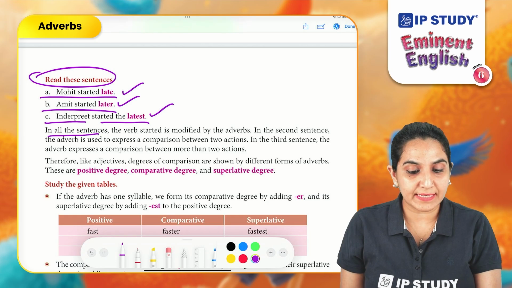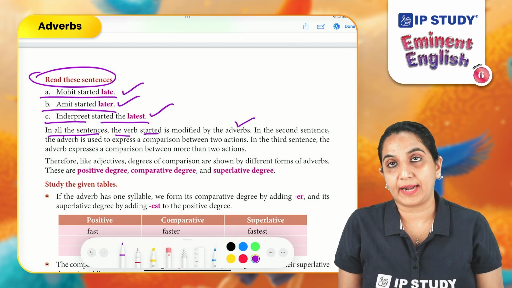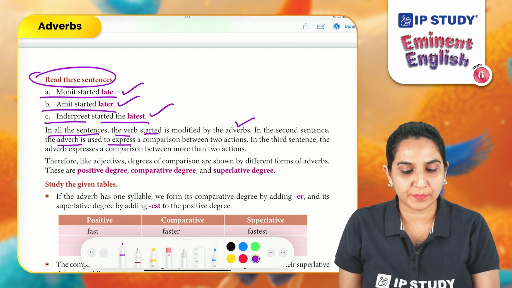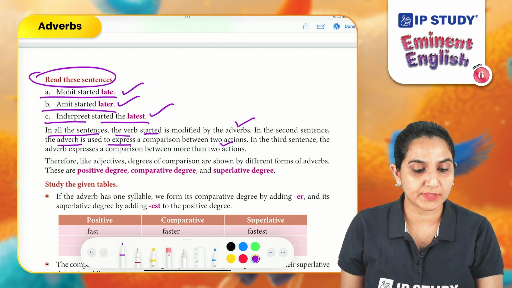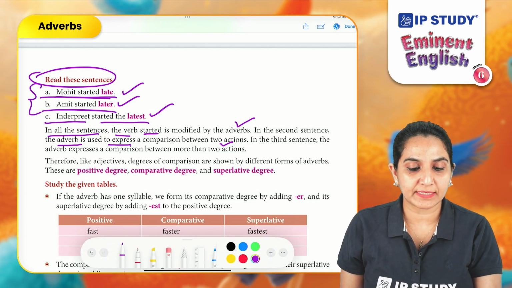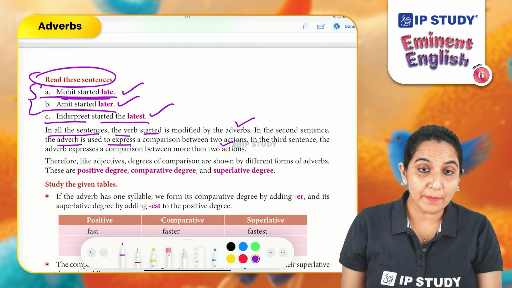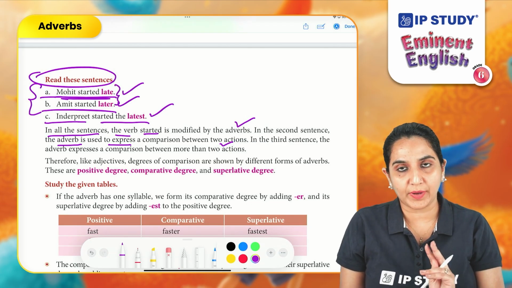In all the sentences, the verb started is modified by the adverbs. In the second sentence, the adverb is used to express a comparison between two actions. For example, in the first and second sentence, Mohit started late, but later than Mohit, Amit started later.